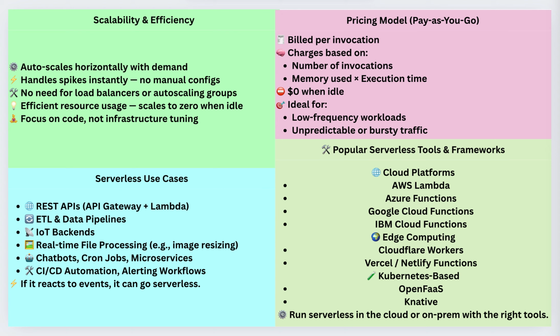Pricing model: you are billed for what you use, literally. You pay based on number of invocations, memory, and duration, and that's it. No charge when idle. This makes it perfect for low frequency jobs or unpredictable traffic patterns.